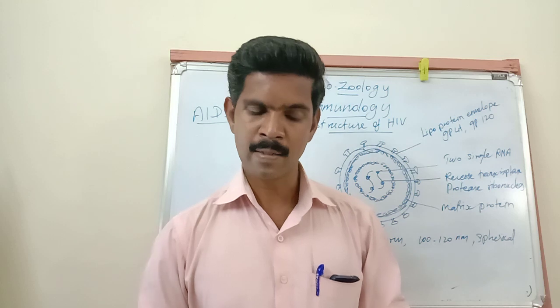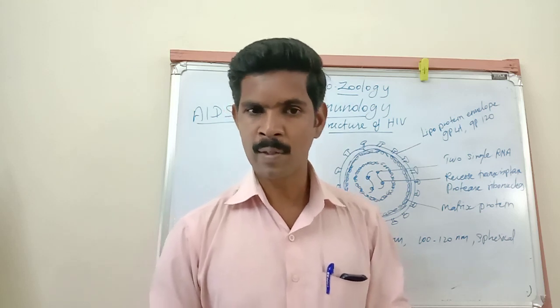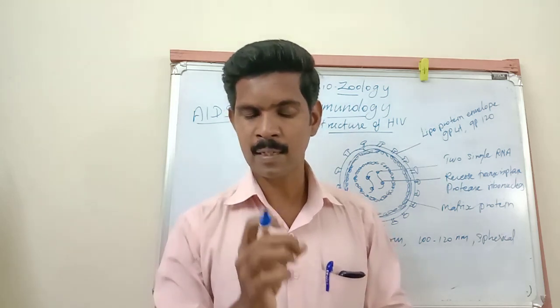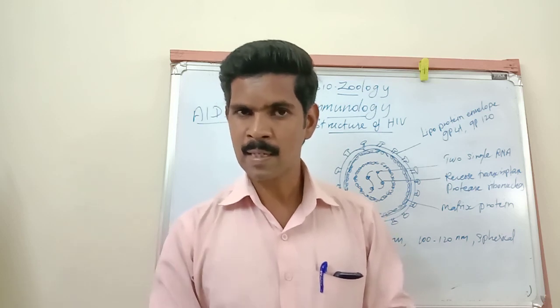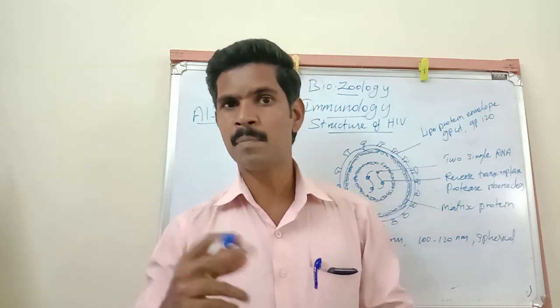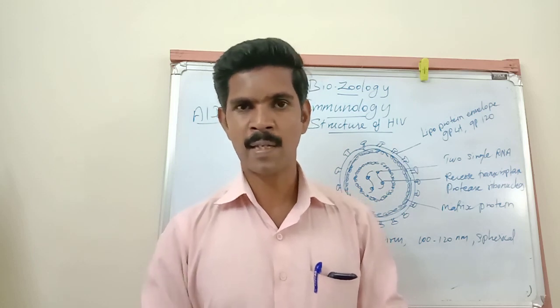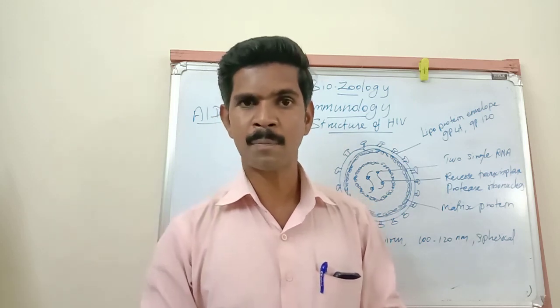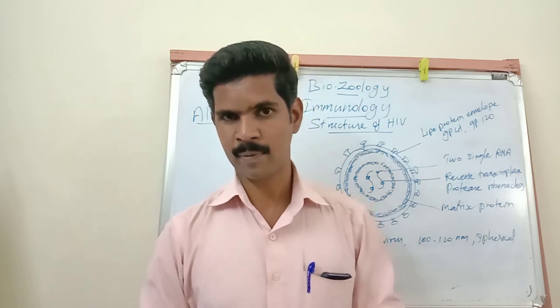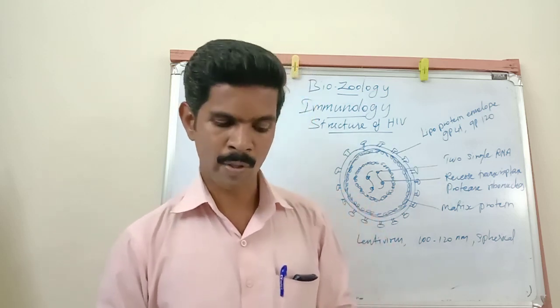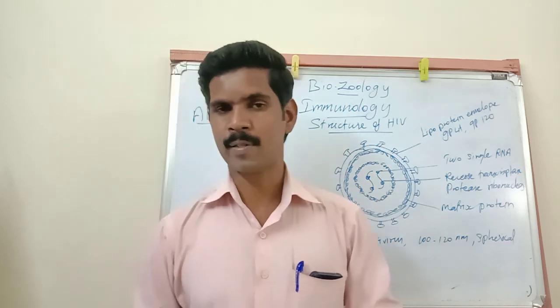Understand? So now I have said one important point: this HIV virus infects the T helper cells, and T helper cells stimulate the B cells for the production of antibodies. If the number of T helper cells is reduced, antibody production is affected. I hope you understood this point.